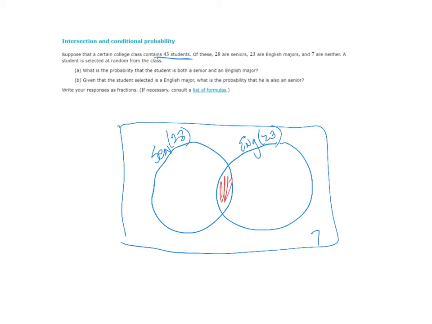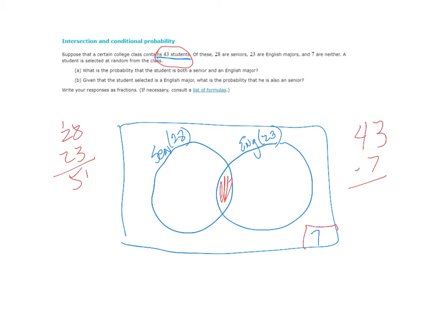Well, let's see how many people we got right now. We had 28 seniors. We got 23 English majors. And that number right there comes to 51. Okay, so this class supposedly has 43 students. 7 of those I know are down here somewhere, not in my circles.